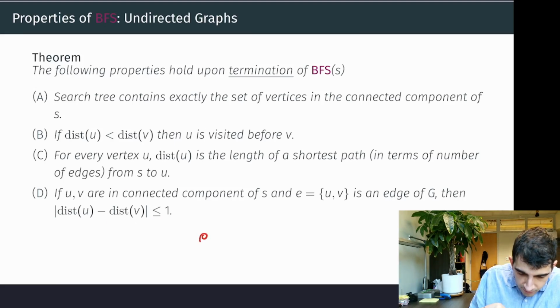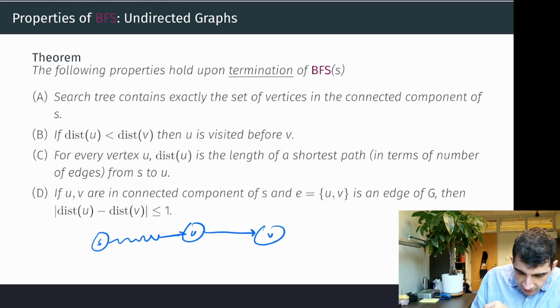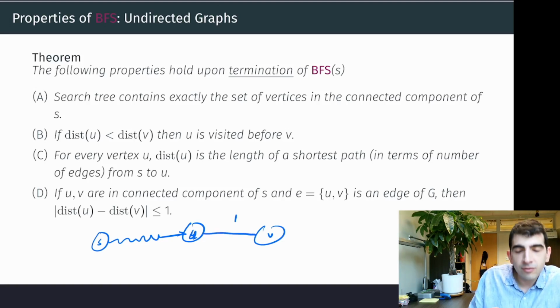If we have a node U and we have a node V, and then something S here, and then we go through, get to V, and we have an edge U to V, then of course the maximum difference between U and V is 1. And that arrow shouldn't be there. It's an undirected graph. Of course that's true, right?